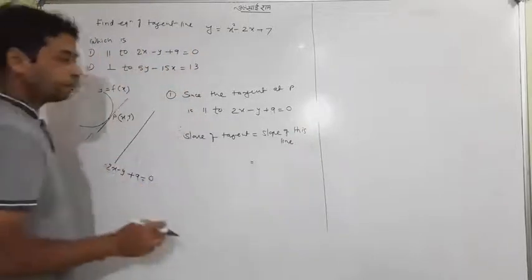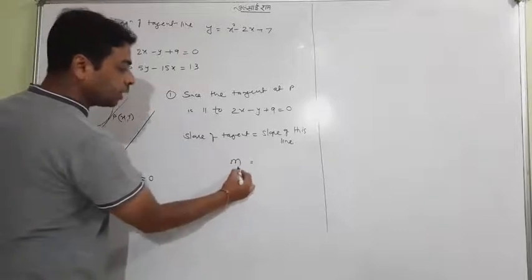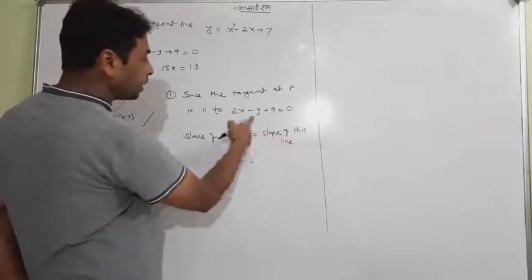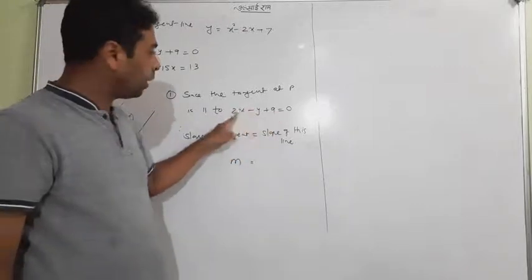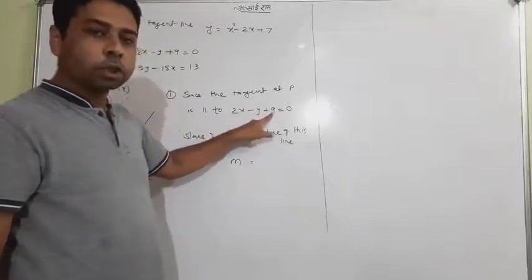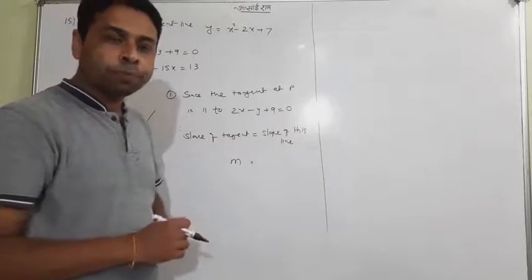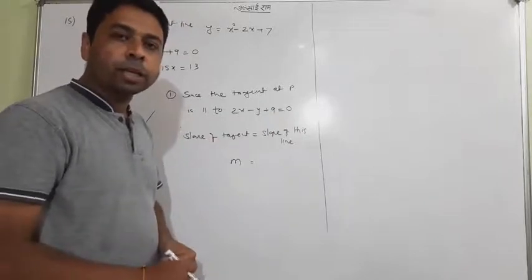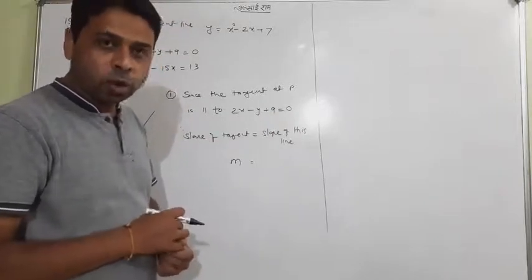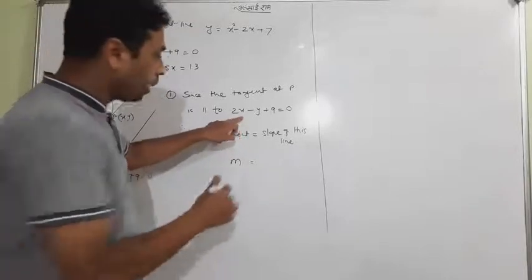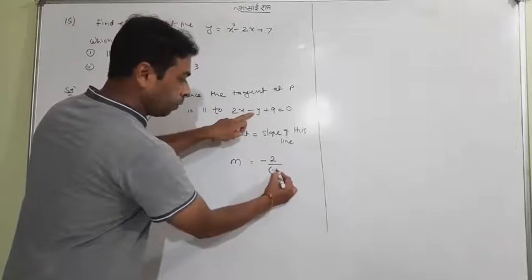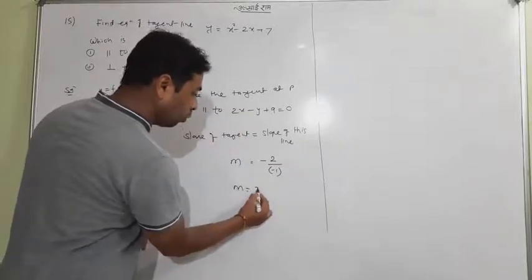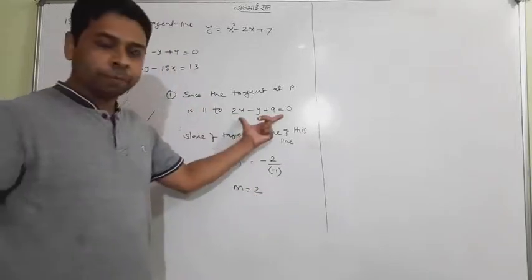The slope of the tangent one can say is m, and for the slope of this line, I taught you the trick: whenever the line is in the general form ax plus by plus c, the slope can be easily found by turning it into the form y equal to mx plus c, or you can use the formula minus coefficient of x upon coefficient of y, meaning m equal to 2. This is the slope of this line.